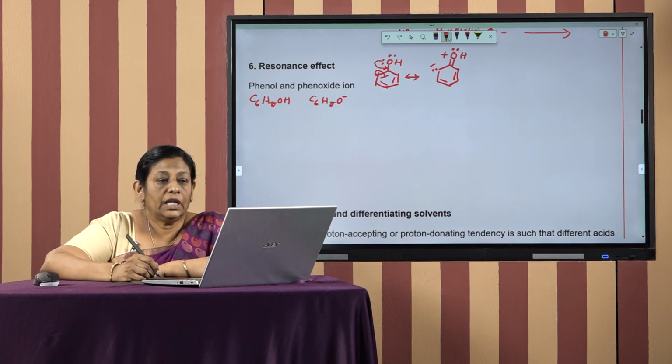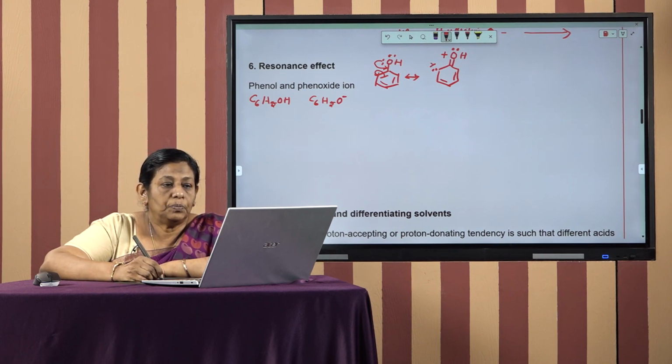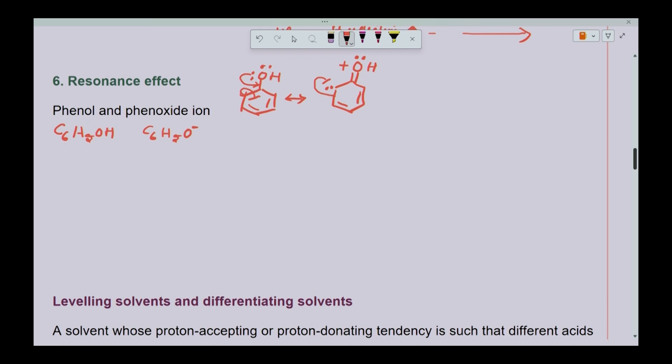Okay. So, the next one will be, these electrons are utilized to form a pi bond over here. At the same time, this pi bond shifts to this corner carbon atom.